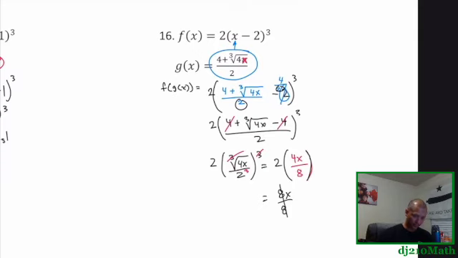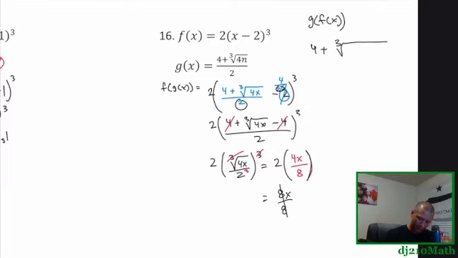Now let's try it the other way. I'm going to do g of f of x. G of f of x. So f of x is the input, and all of that is going into g. So 4 plus cubed root of 4 times n.